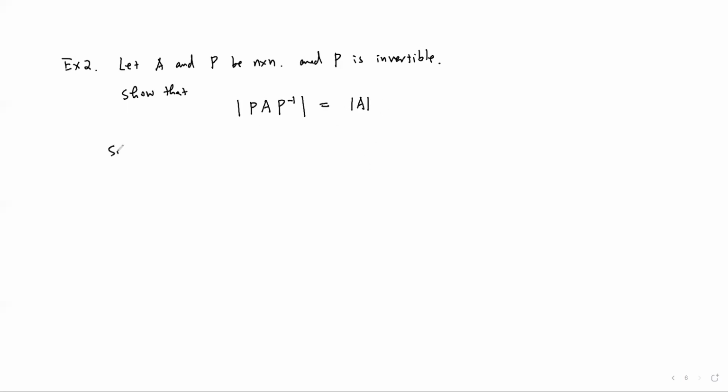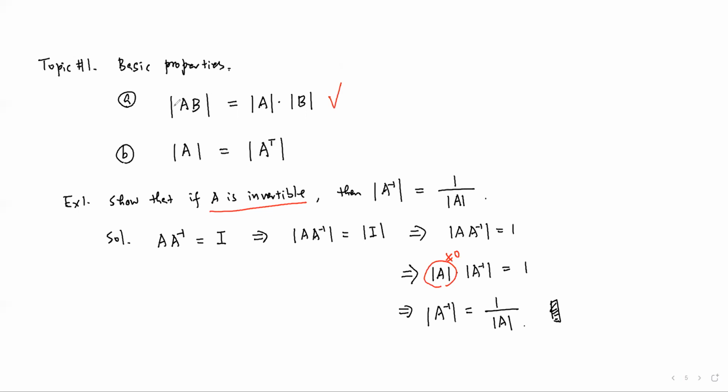Now, solution. The determinant of P times A times P inverse. By this property, the determinant of a product is the product of determinants.